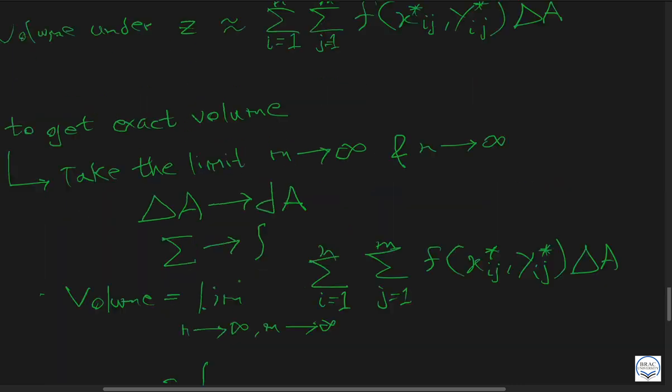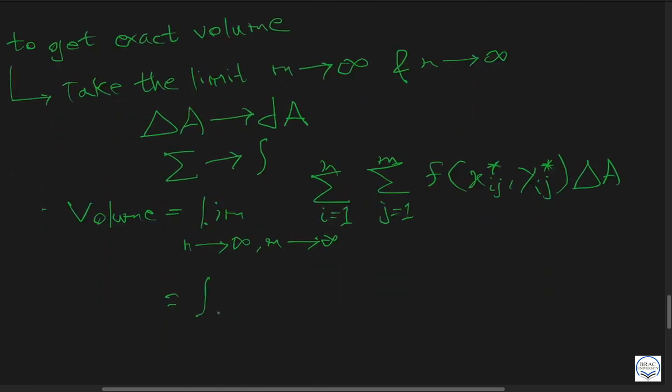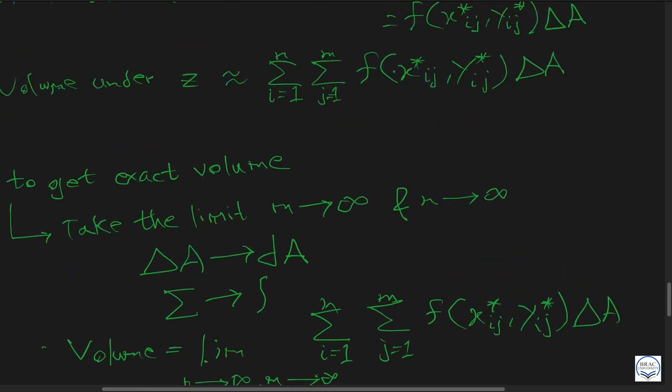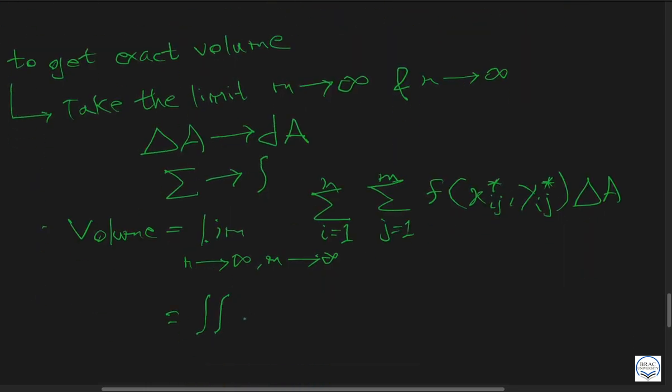Each of these sums will become one integral, and we'll lose our stars because when we consider the infinitesimal scale, there is really just one point, and our delta A will become dA because it's infinitesimal.